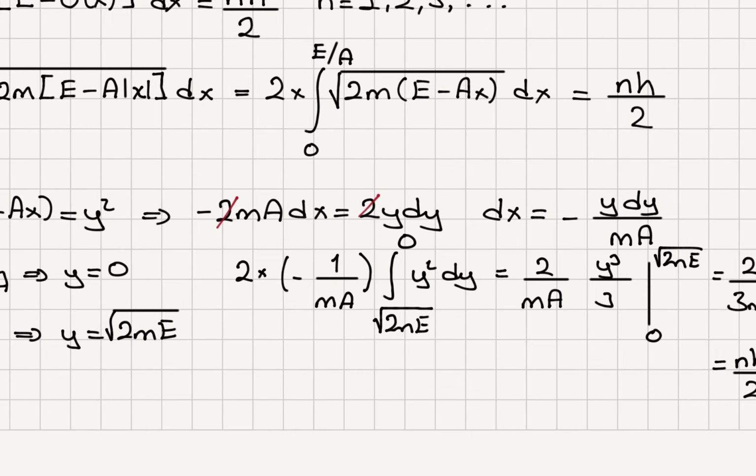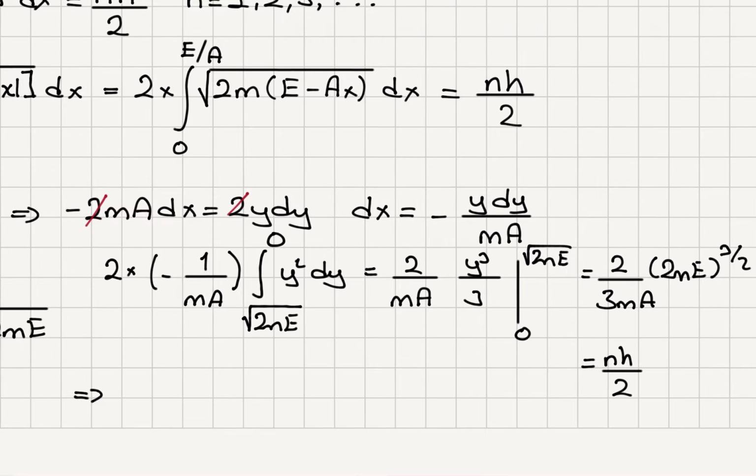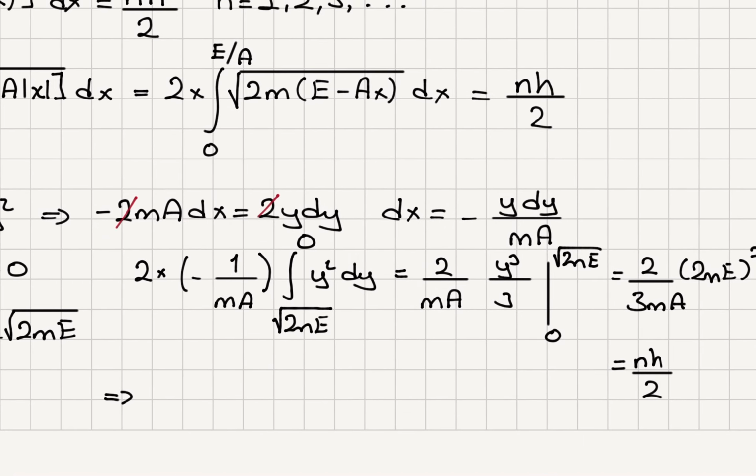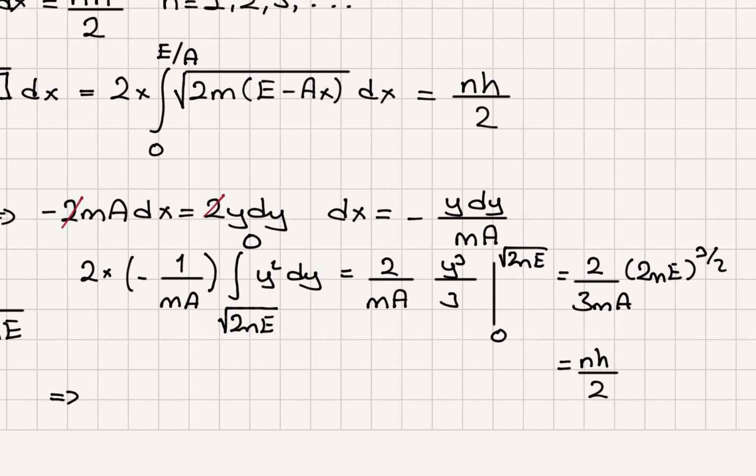So this tells me that I will have the energy given by, you can see this 2 goes downstairs, so it will become nh over 4, and 3 goes upstairs.